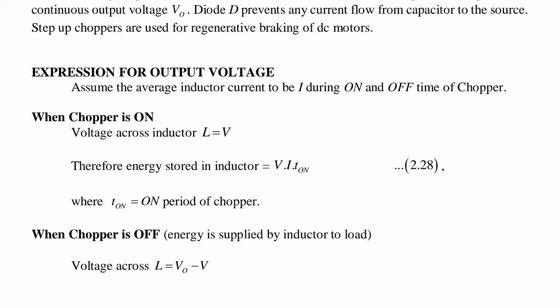Assume the average inductor current to be I during the on and off time of the chopper. When the chopper is on, the voltage across the inductor L is equal to V. Therefore the energy stored in the inductor will be V into I into T on, that is the multiplication of the input DC voltage, the current in the inductor, and the T on period, where T on is the on period of the chopper. When the chopper is off, the energy is supplied by the inductor to the load.